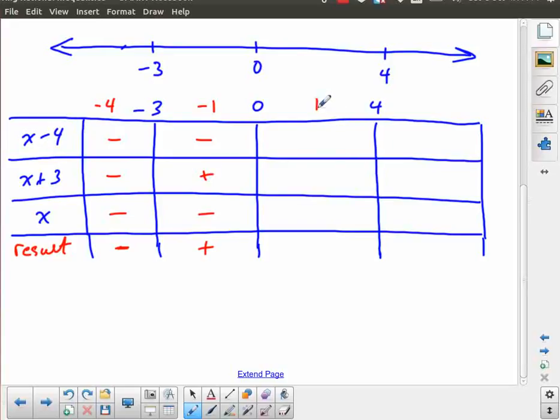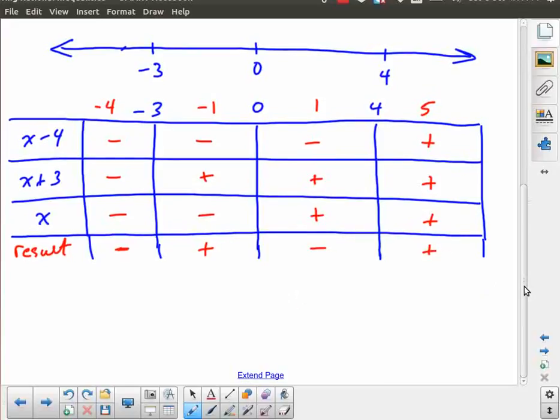Let's try 1 here. 1 minus 4 is negative, 1 plus 3 is positive, and 1 is a positive number. So the result is negative. And let's try 5. 5 minus 4 is positive, 5 plus 3 is positive, and 5 is a positive number. So this is overall positive.